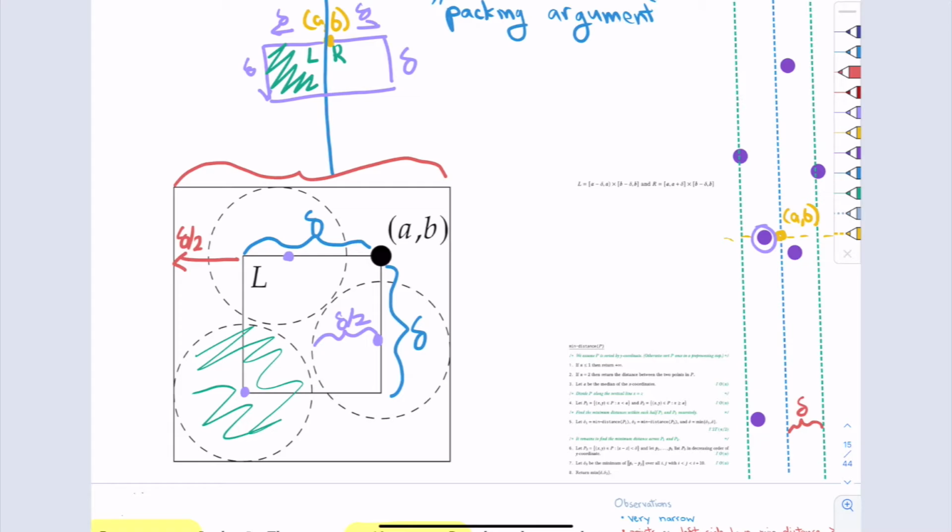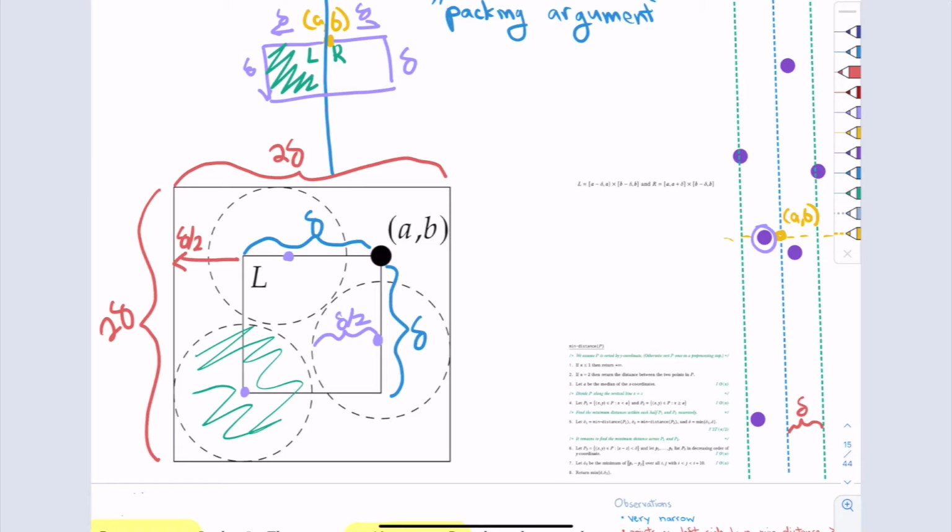So the circle will fit in that outer square, which adds the padding. The height and width of this outer square will be 2 delta. So every point carves out a circle with radius delta over 2, all for itself, and also sits inside this square of height and width 2 delta.